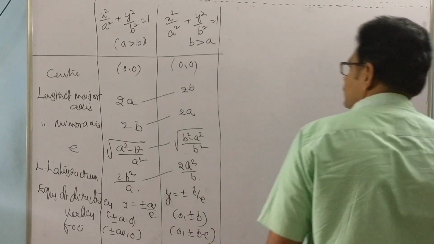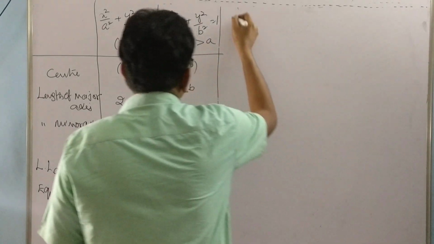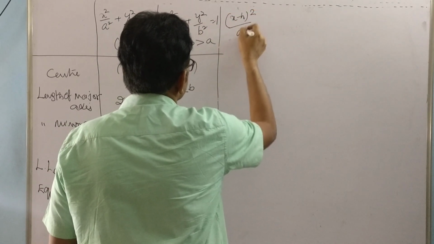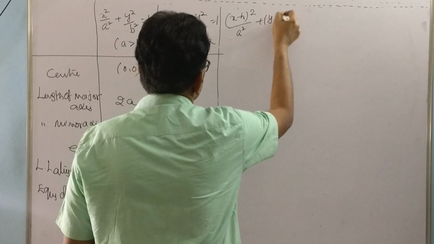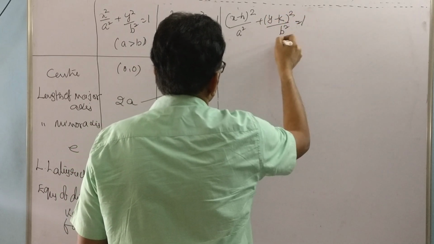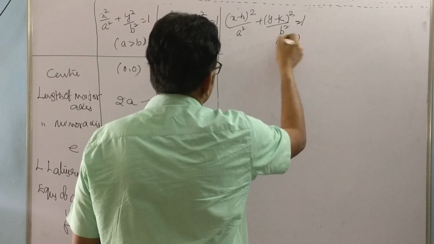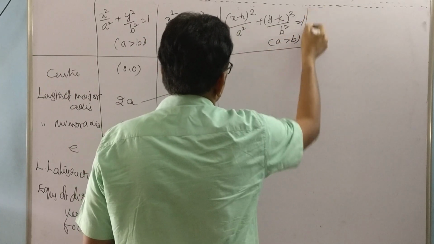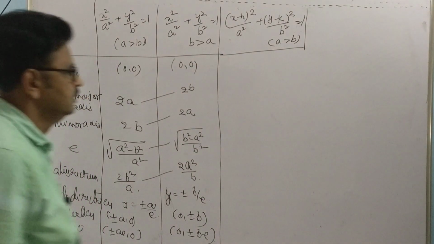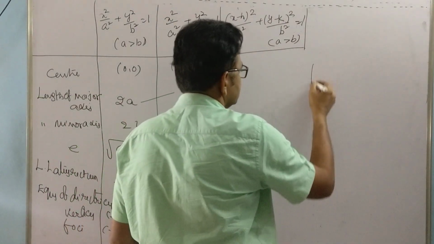Next one, in the equation of ellipse, x minus h whole square by a square plus y minus k whole square by b square equal to 1, where a is greater than b. Here I can draw.